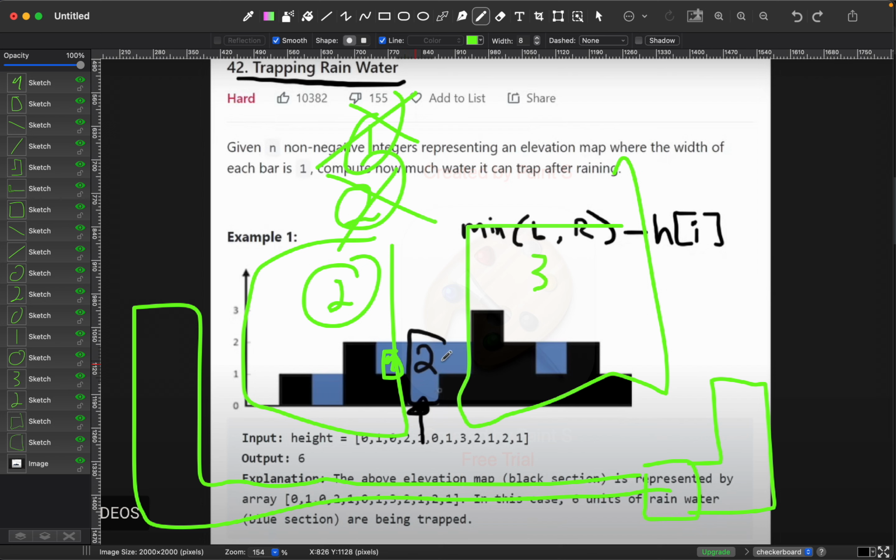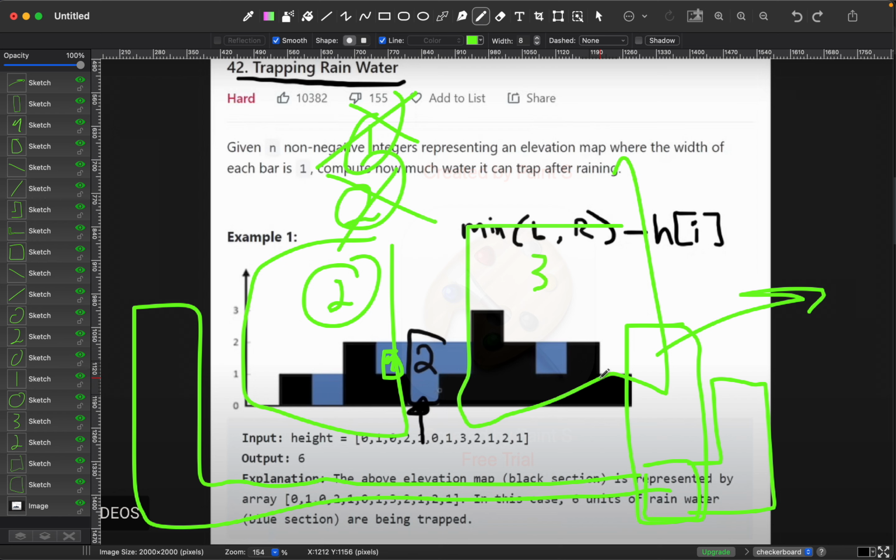In terms of explanation for this, say my wall over here at the current unit is 3. It will obviously overflow from here. Sure, it's going to be blocked by here, but after we go through stage 2, as we said, we only care about this.